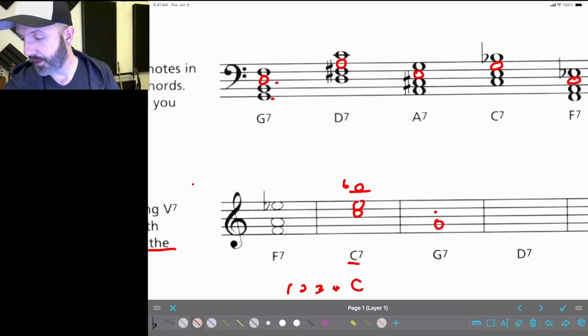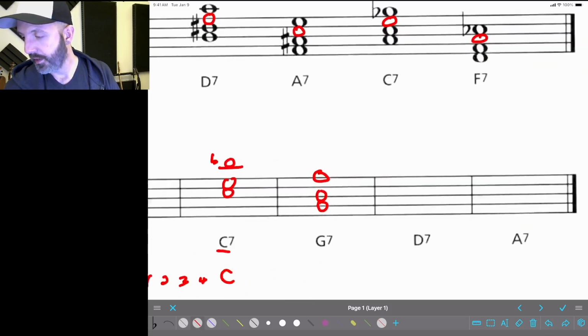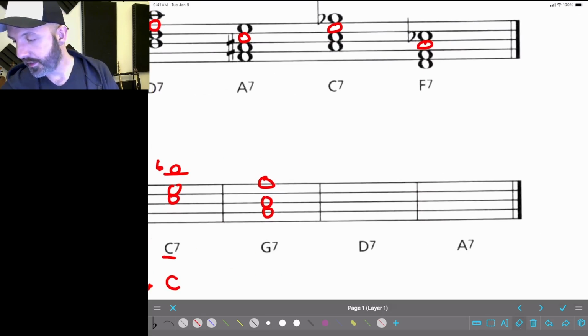No key signature there. We just got to write the dots. Again, we are omitting the fifth. There we go. D7 is the fifth of G major. So that's going to give us an F sharp, C natural. A7 is the fifth of D major. So that's going to give us a C sharp. All right.